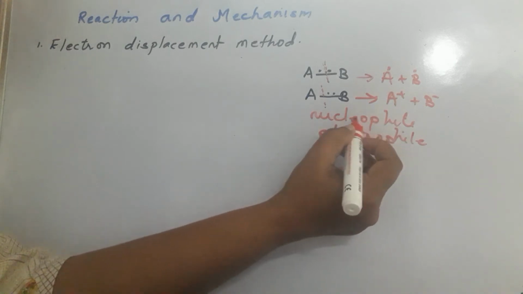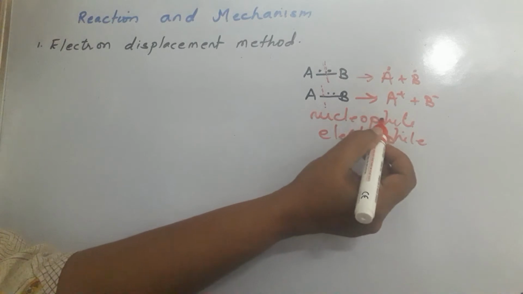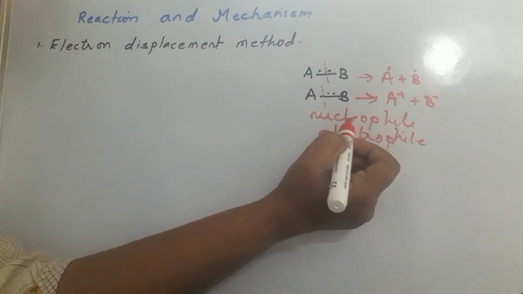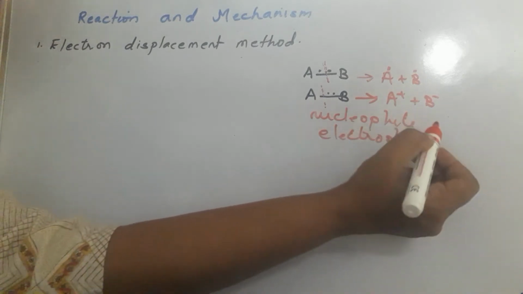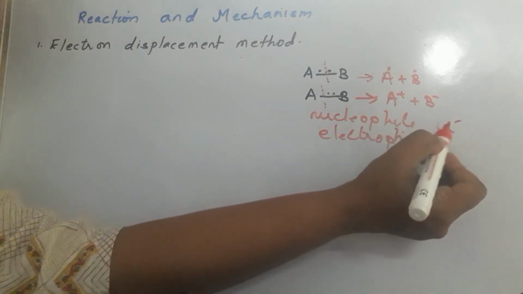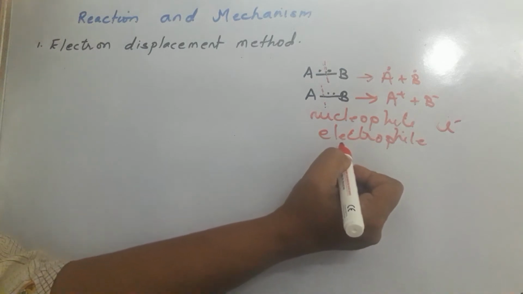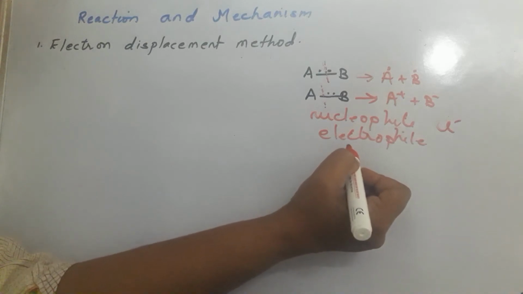Nucleophiles are nucleus loving, having affinity towards a positively charged center, and they themselves will be negatively charged or rich in electrons. For example, Cl minus and OH minus are nucleophiles. Electrophiles are electron loving, or they have a deficiency of electrons in themselves.